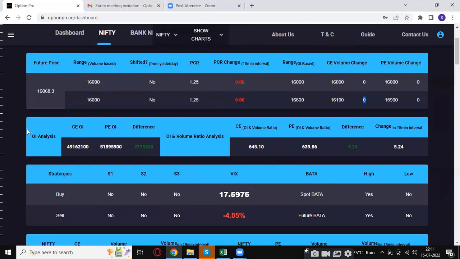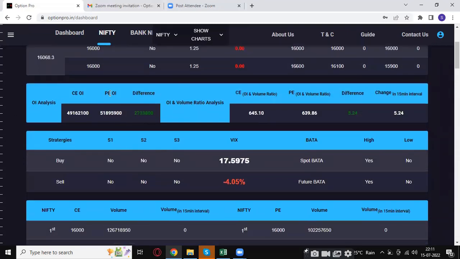In this table, we have given the difference of P minus C OI. If it is positive and keeps getting positive, again it's a positive indicator. If it is negative, or positive but keeps decreasing, then it is a negative indicator. Similarly, here we have given the ratio analysis for volume and OI ratio for C and P and took the difference.